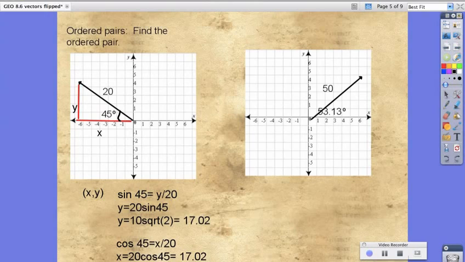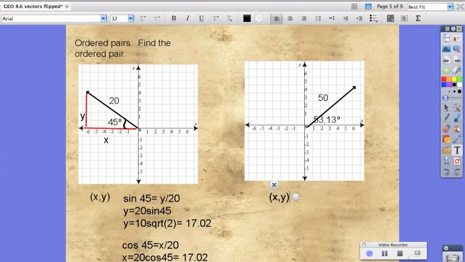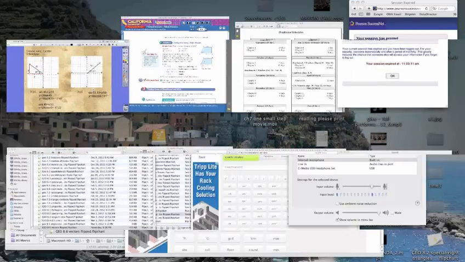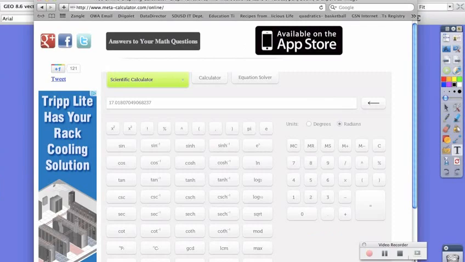With that said, for example 2, we're going to do the same thing. We want to find x and y. So we say sine of 53.13 is equal to y divided by 50. Y is equal to 50 sine 53.13, which, once I punch this into my calculator, is 53.13 sine times 50.